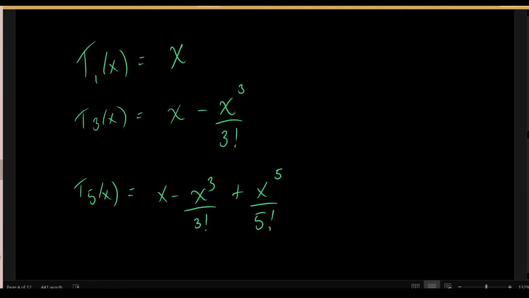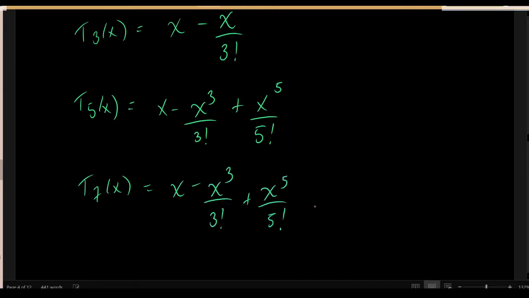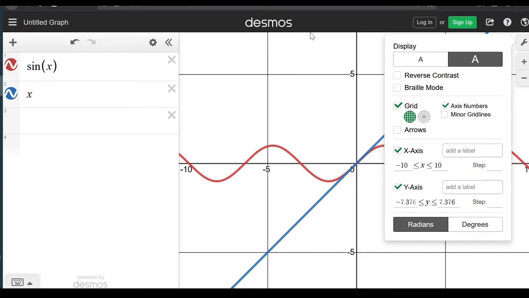That's a fifth power, so we're going to stop. And then t sub 7 continues in this general pattern, alternating from positive to negative. Then x to the 7th power divided by the matching factorial.